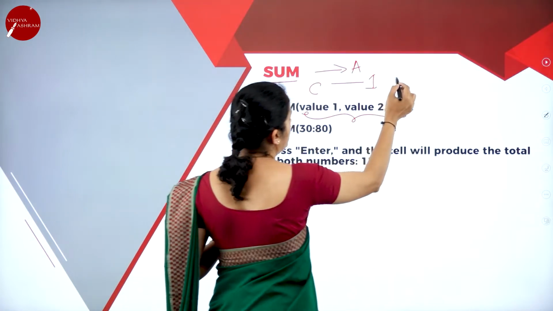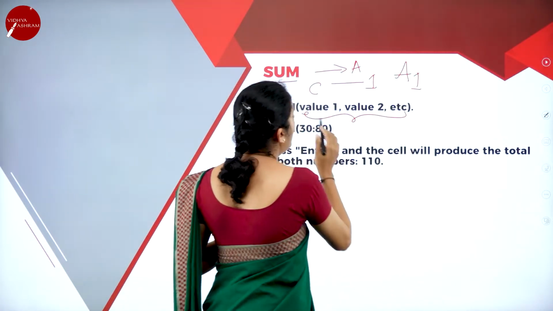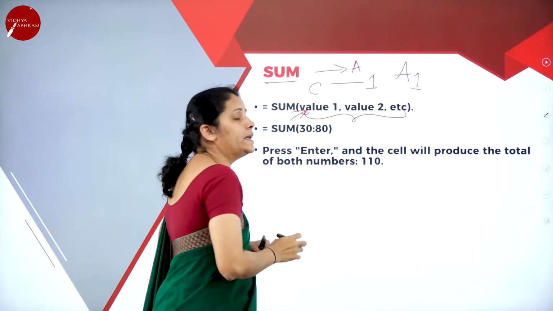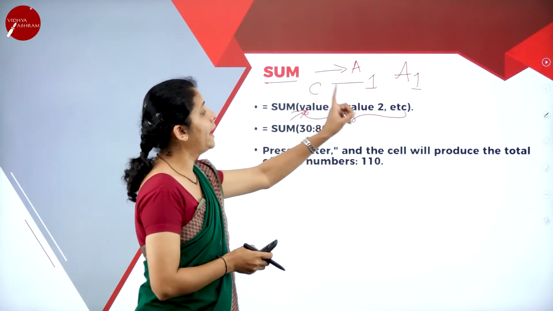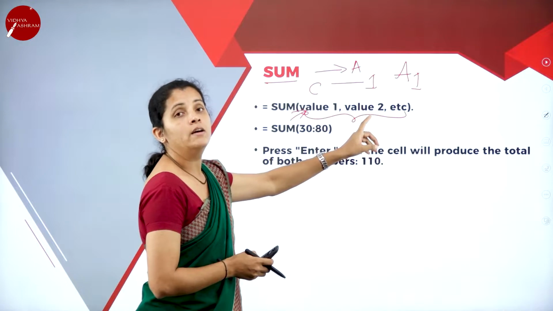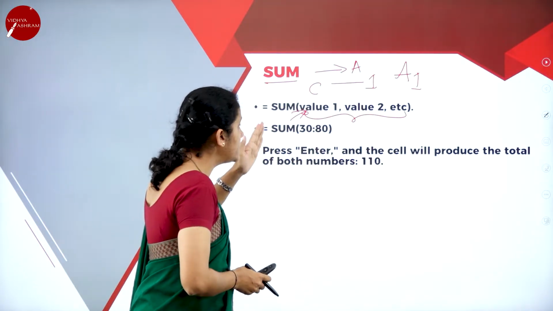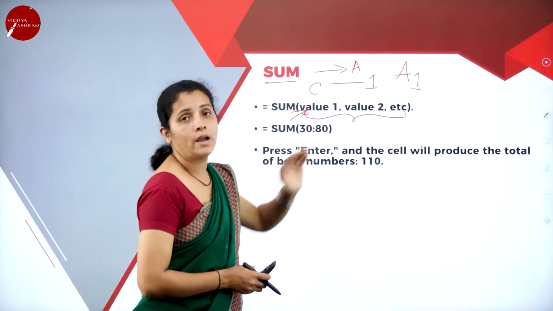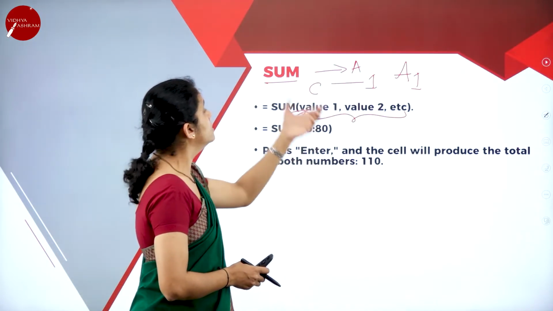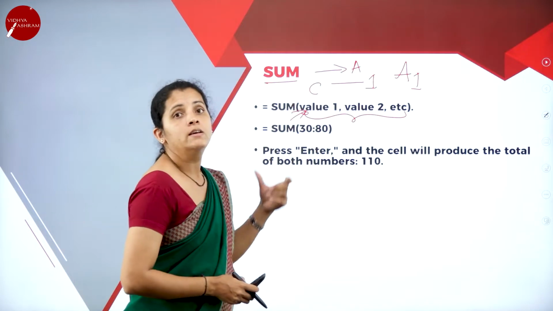That is nothing but A1. And this is my starting range and this is my ending point. That means manually I'm going to specify that this is the starting point and where I want to stop. So this is the input for my function.